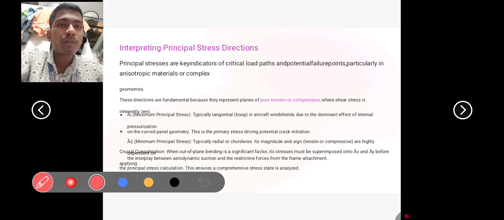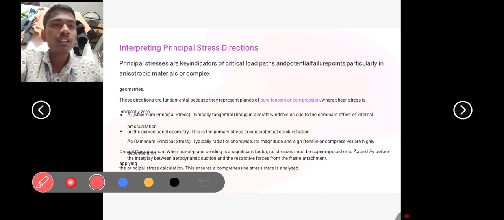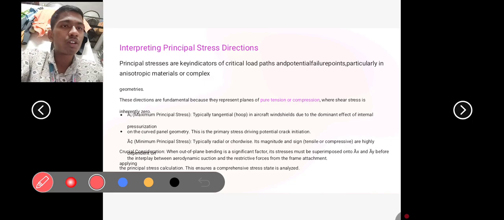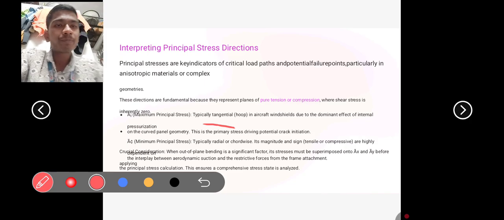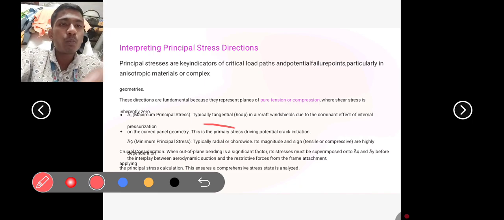These directions are fundamental because they represent planes of pure tension or compression, where shear stress is inherently zero. Maximum principal stress is typically tangential, in the hoop direction in an aircraft windshield, due to the dominant effect of internal pressurization and the curved panel geometry. This is the primary stress driving potential crack initiation.